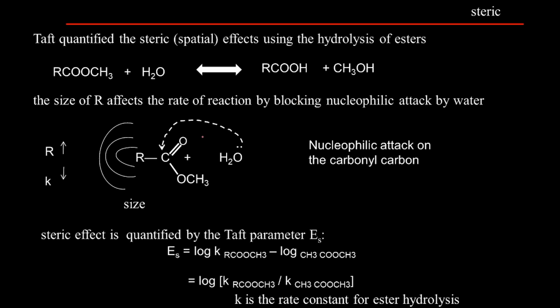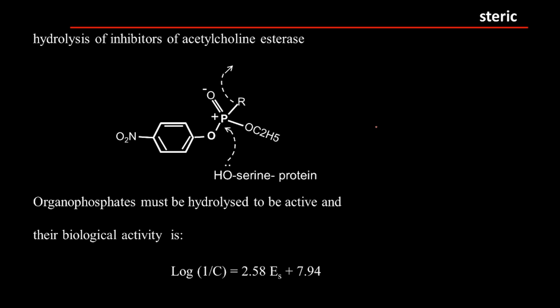Okay, so larger the R, lower will be the rate constant. Okay, why is this important? If you look at acetylcholine esterase, there are inhibitors for acetylcholine esterase.